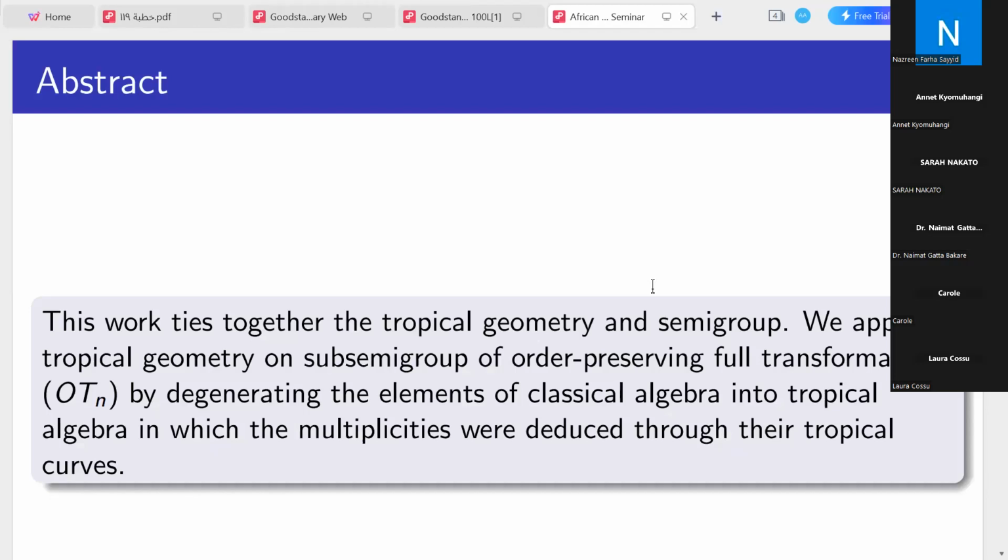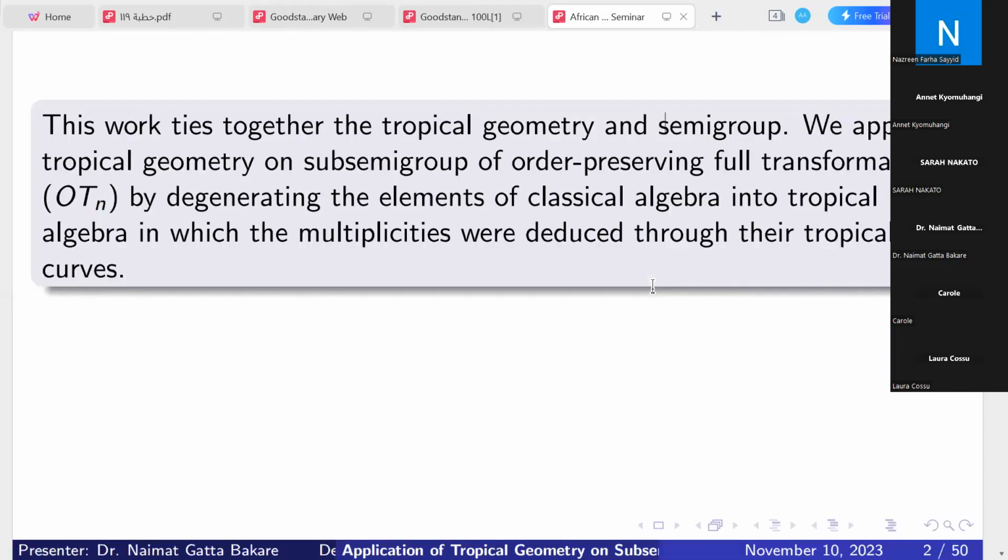The multiplicity was studied by first using the tropical polynomial we got from the transformation semigroup. We have a GeoGebra app, whereby after applying the tropical geometry rules on them, we use it to plot the graph. By plotting the graph, we are able to check the multiplicity and the roots from the graph, and from there we compare their heights. So that is what we try to do.